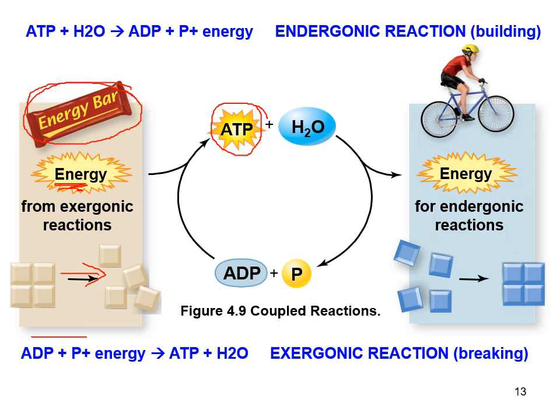As soon as the ATP molecule is produced, we can use hydrolysis again to break it down into ADP and a phosphate and release the energy that it was housing. This energy can then be plugged into an endergonic reaction so that we can build.